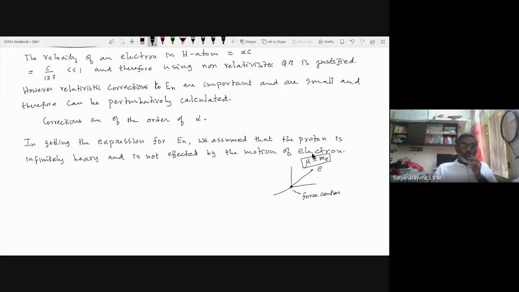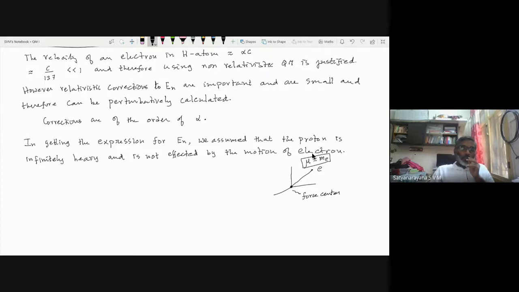But this is an assumption, and this assumption need not be true. Suppose the mass of this force center is not infinite, that is, finite.